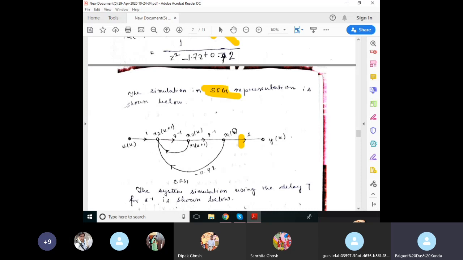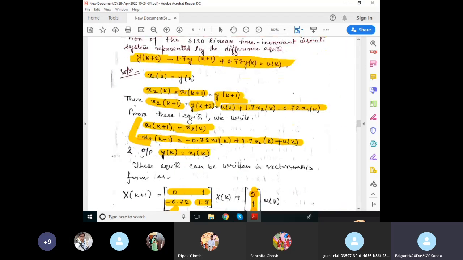Now this is uk. So uk is a sum up of x2k plus 1, which is nothing but uk plus 1.7 x2k minus 0.72 x1k.